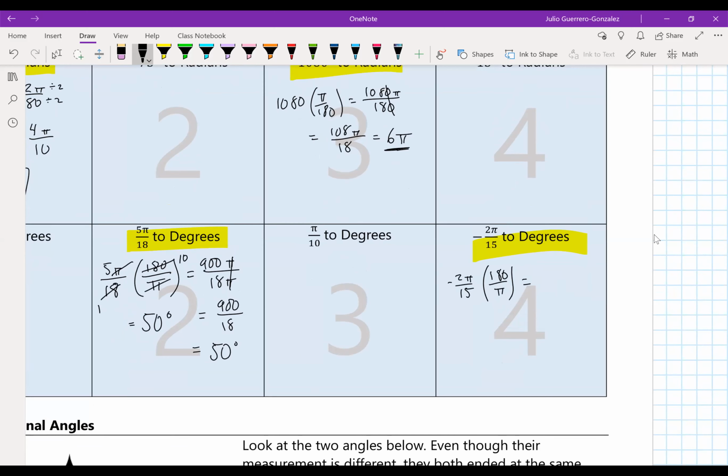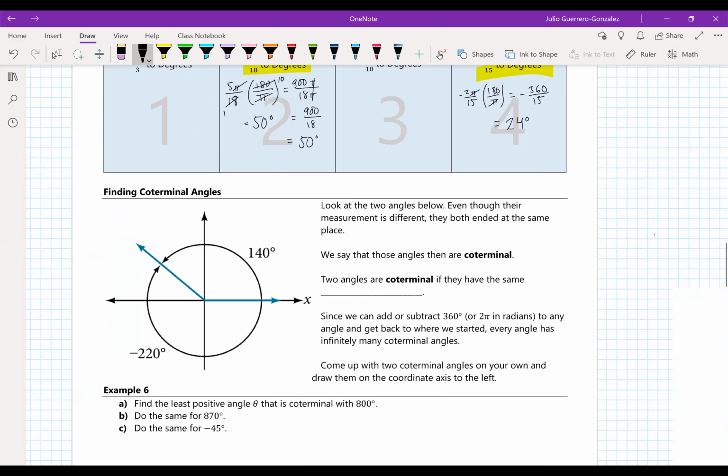So then I'm going to cancel from here. The pi's cancel. So it's going to be negative 360 over 15. And this is equivalent to negative 24 degrees. We good? Okay.